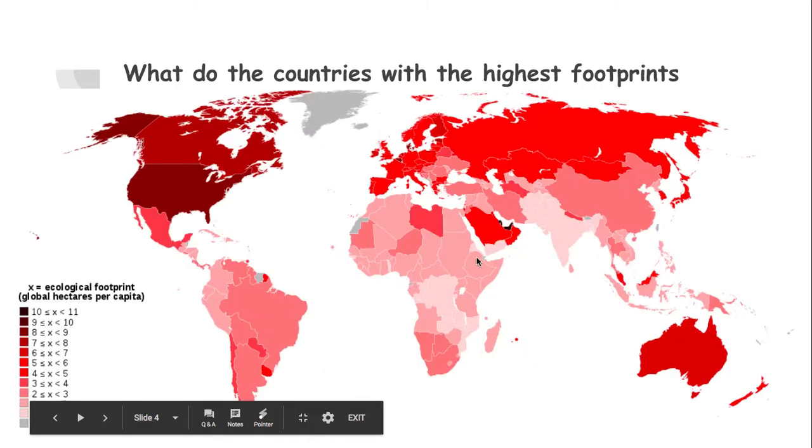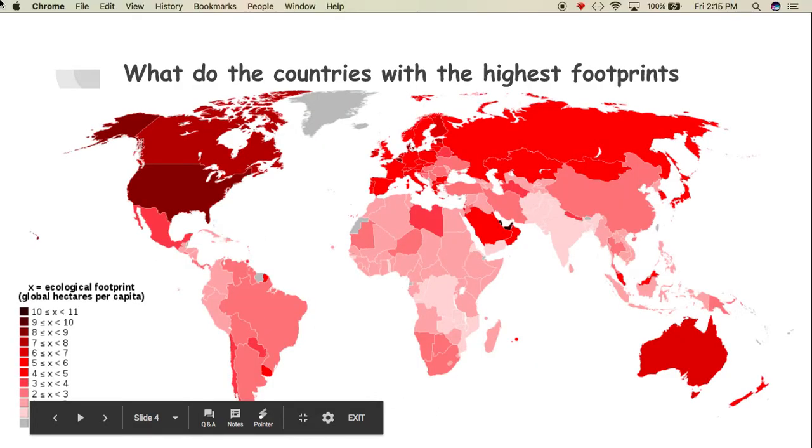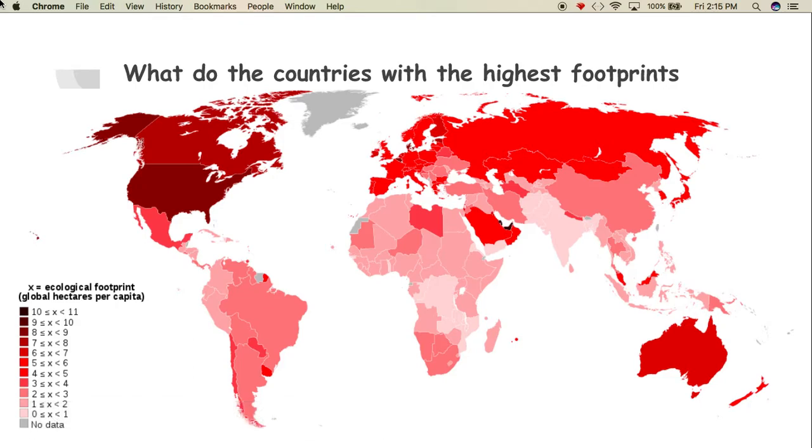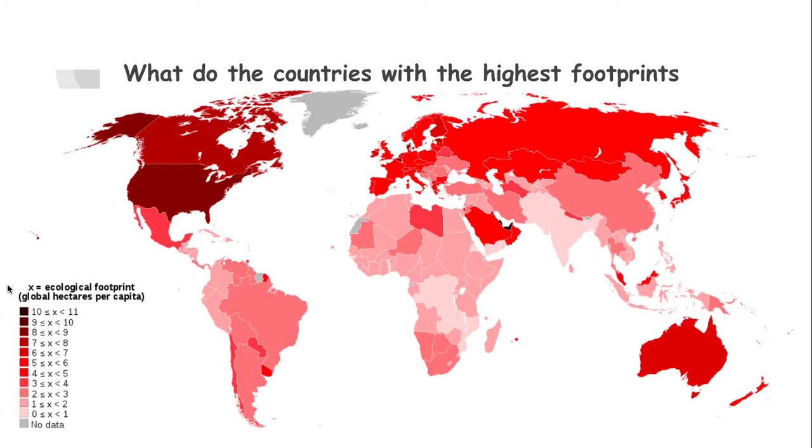So here's a map of the world. It's a pretty map. This is showing nations with regards to their ecological footprint, in global hectares per capita, so how much space each person requires. As you can see on our scale, the darker shades of red are large ecological footprints.